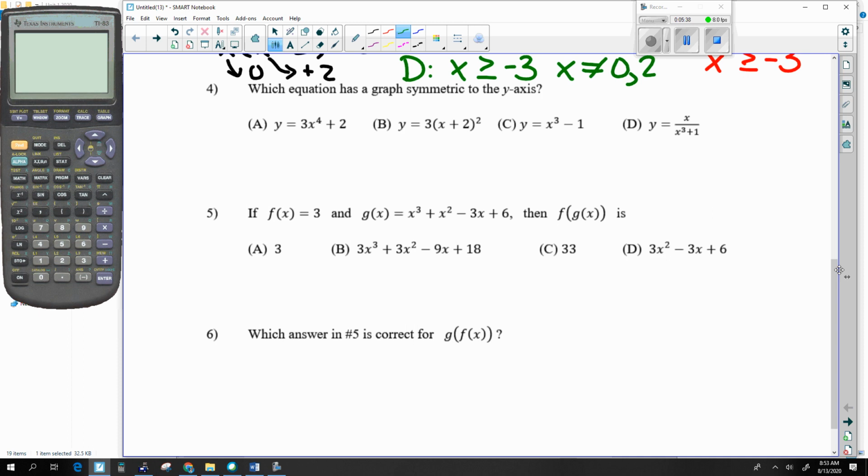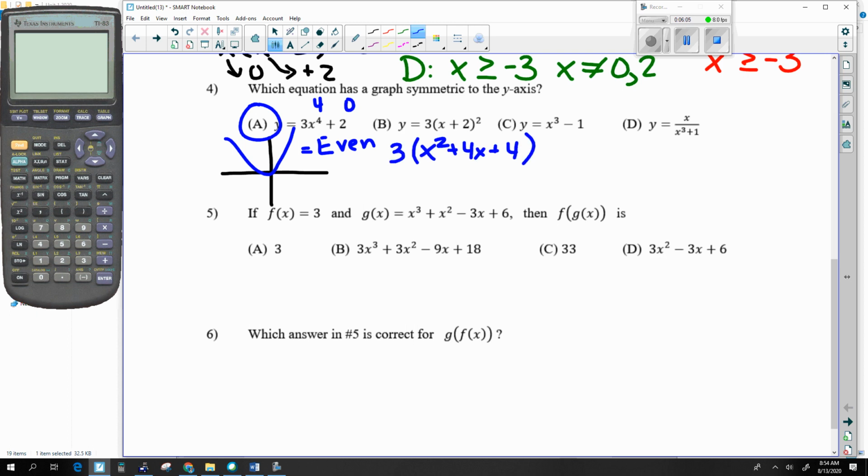Symmetric to the y-axis. If you recall, that is an even function. So anything that is even. So A is even. Again, what I'm looking at is the exponents of the x's. So I have a 4 and a 0. So that's even. This ultimately would become x squared plus 4x plus 4 with a 3.